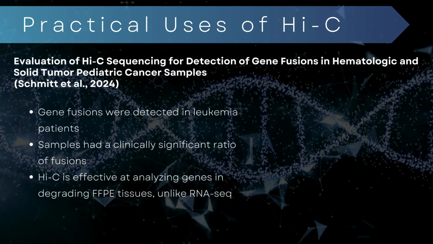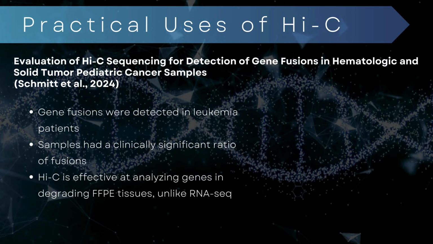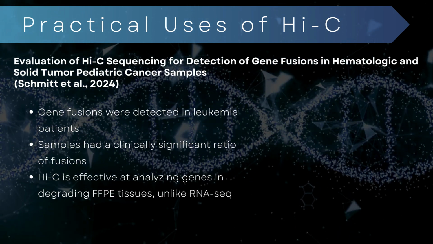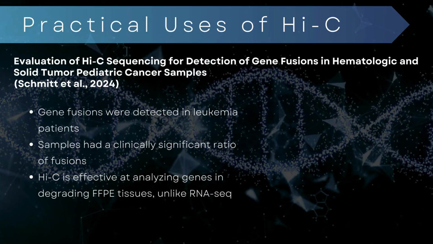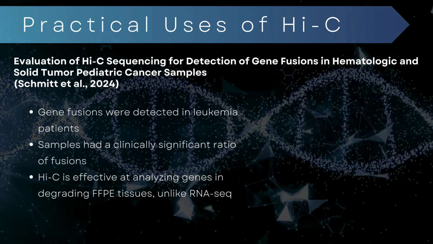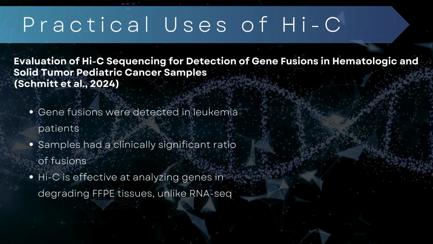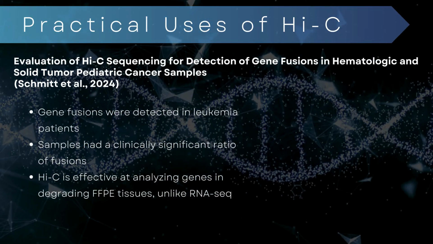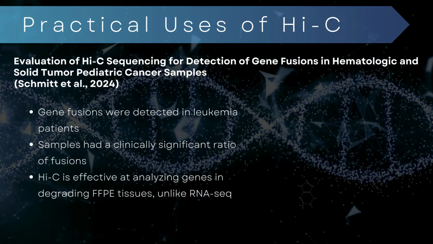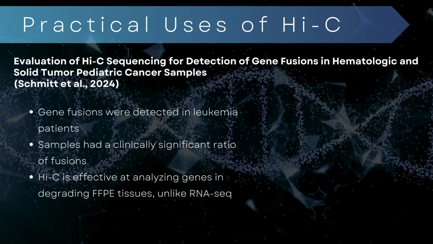In another 2024 study, researchers utilized Hi-C to determine the presence of clinically relevant gene fusions in pediatric leukemia patients. They found a significant clinically relevant ratio of gene fusions in samples.